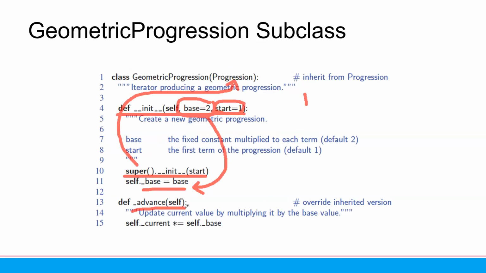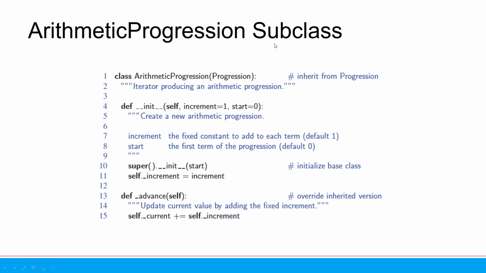For the advance, now I determine the advance. The current will be the multiplier of the base. We call this the override, because we already have this advance in the progression.